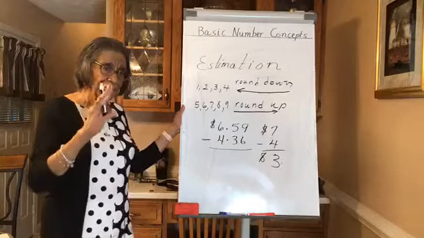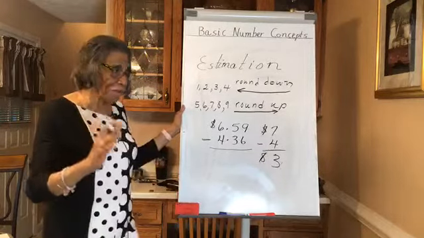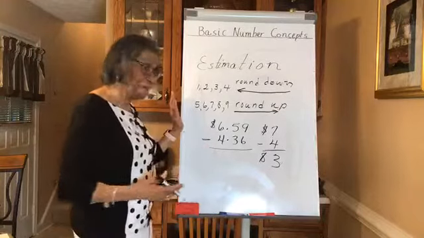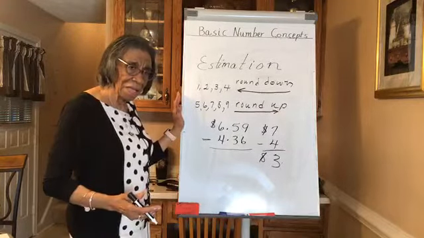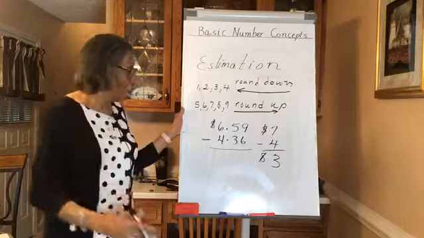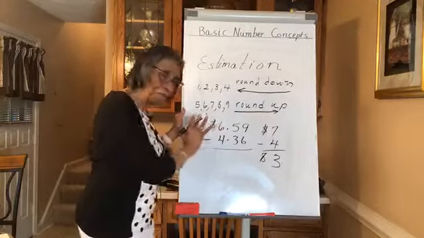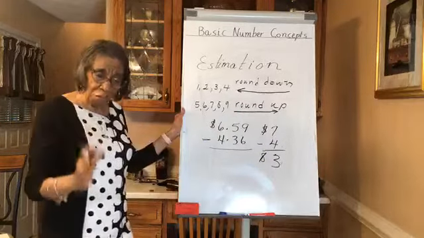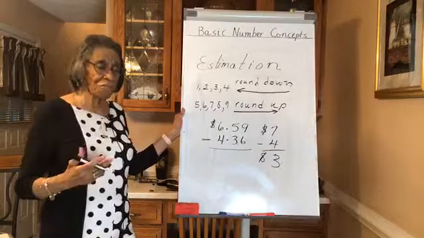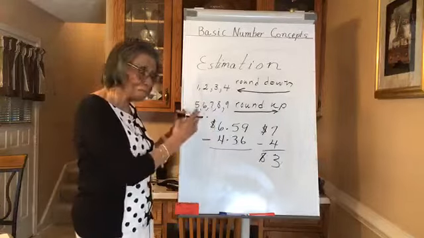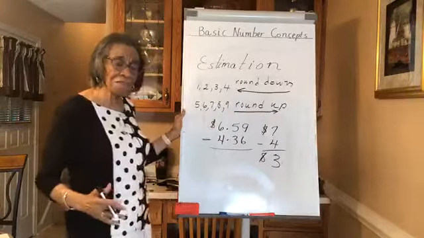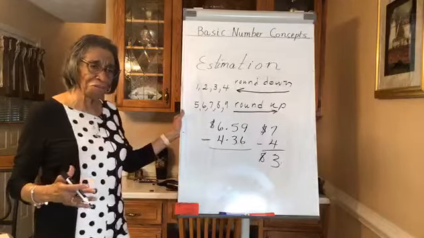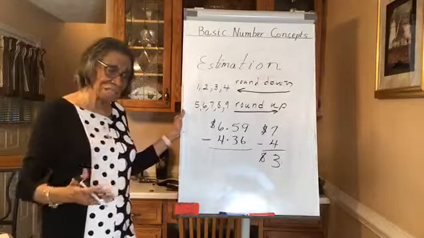We have to have 3 members in every family except the last family on the left. That family can be incomplete. But before we can do thousands, the ones family has to have 3 members. Before we can do millions, the thousands family has to have its 3 members: the ones, the tens, and the hundreds.